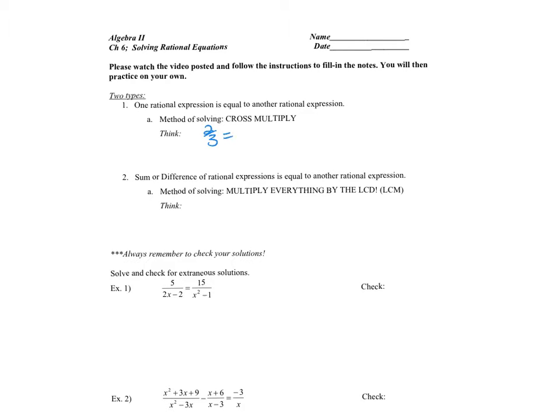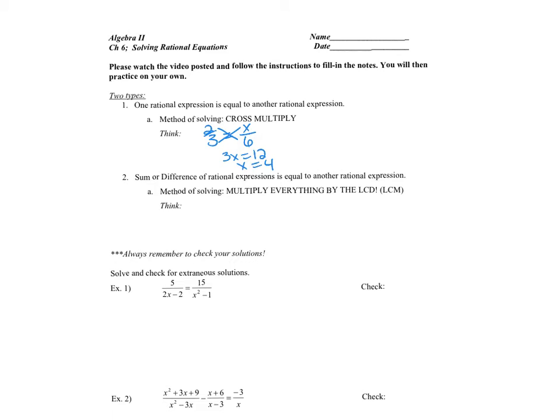Let's say 2/3 equals x over 6. We would cross multiply, so we have 3x equals 12, and we know that x equals 4. All you did was cross multiply and then solve for the variable. We're going to do the same kind of steps when we're solving the rational equations. So keep that in mind.